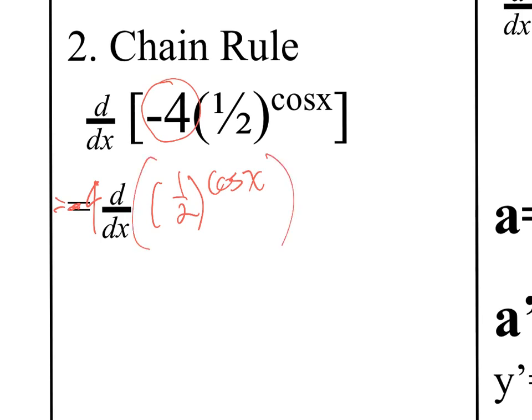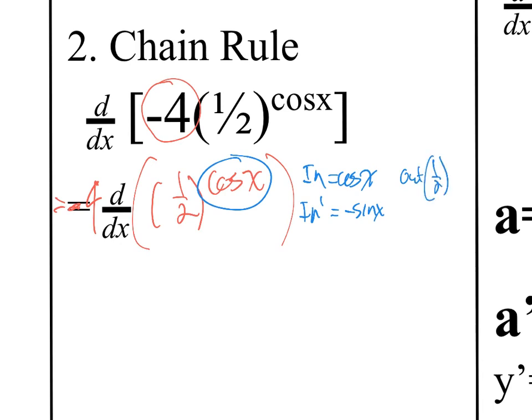So how do I do this? Well, this is a chain rule question because I have a function inside a function. So the inside function in this case is cos x. So the inside equals cos x, and the inside prime would be negative sine x. And then the outside function would be 1/2 to the bracket, right?